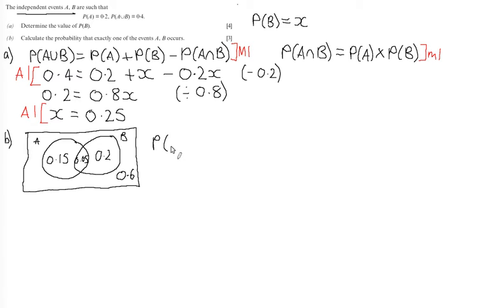The probability that exactly one of A or B occurs in this case is, well, this section here relates to only A happening, this section here relates to only B happening, so what we have is 0.15 plus 0.2, which gives us an answer of 0.35.